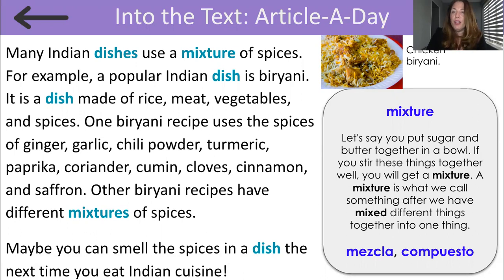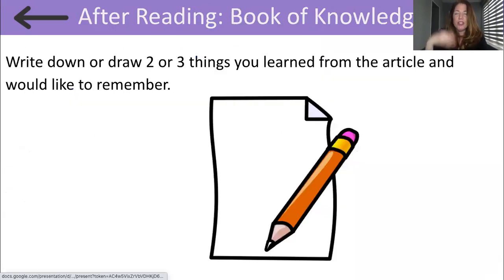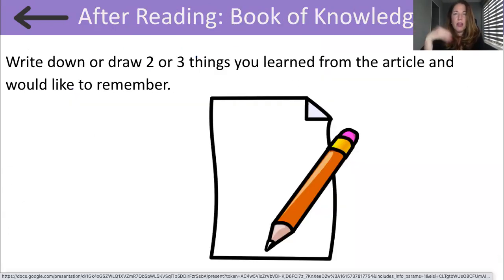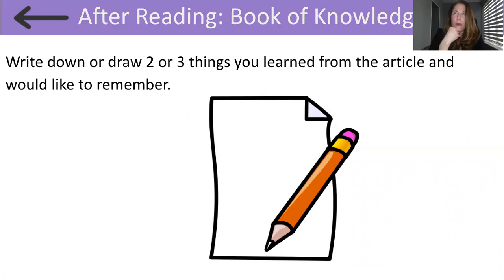Okay, so after reading this article, I want us to think about what was something that we saw in the text, what was something that we were thinking, and what was something that we were wondering. So that's something that we can do not just before we start reading a text, but while we're reading and when we're done reading.